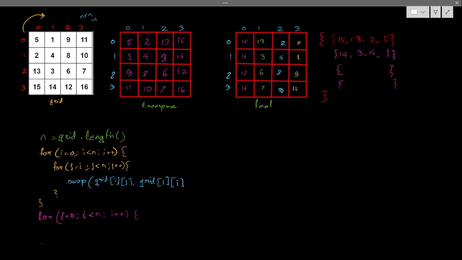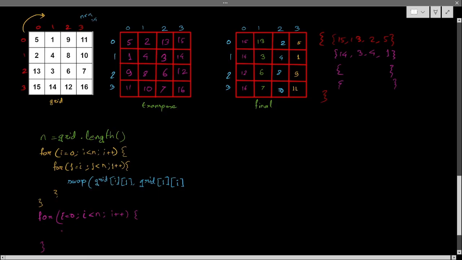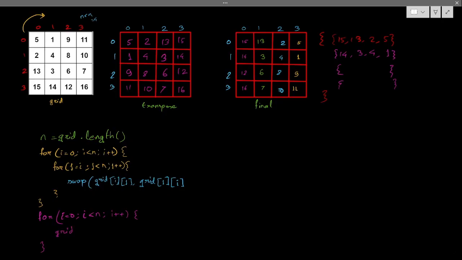Simply, I have to reverse the particular row, grid of i. Again, use your own language's reverse function. This is my pseudocode. I'm not taking any extra space.